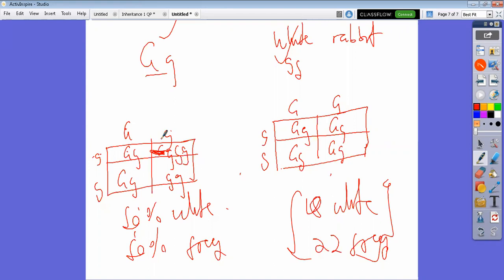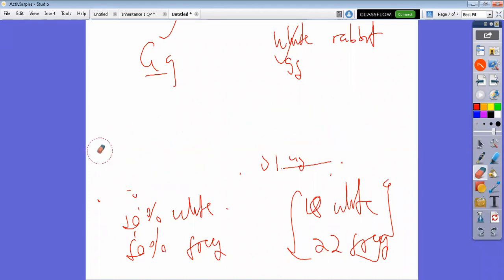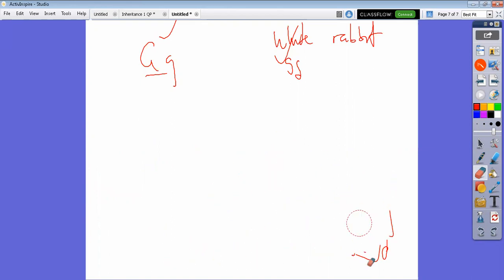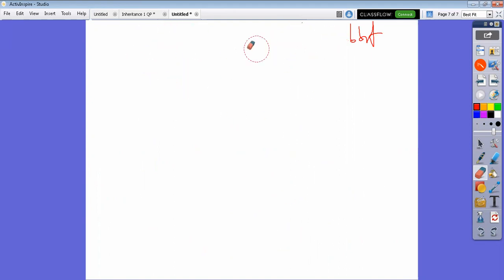So when we talk of mono, everything we're talking about has to do with monohybrid inheritance, which is when you have a dominant allele and a recessive allele. That's what we call monohybrid.